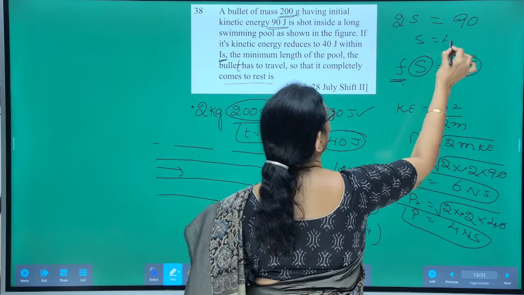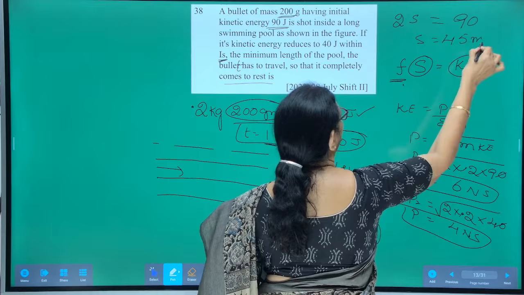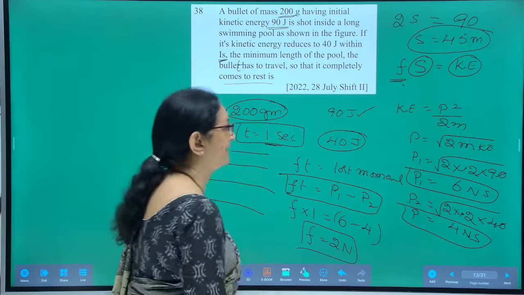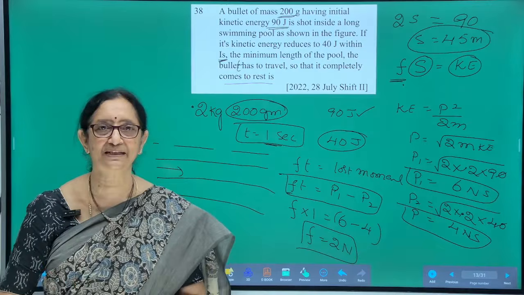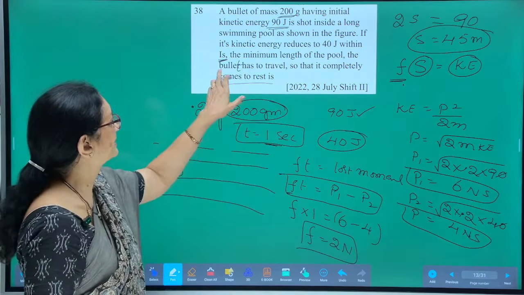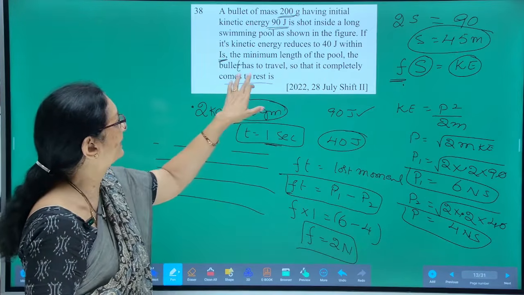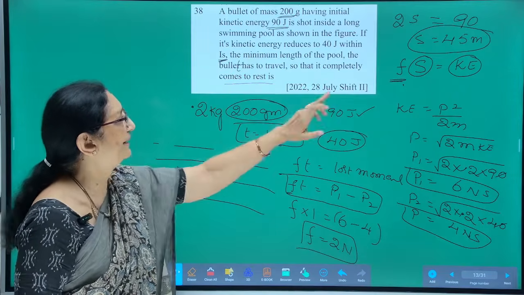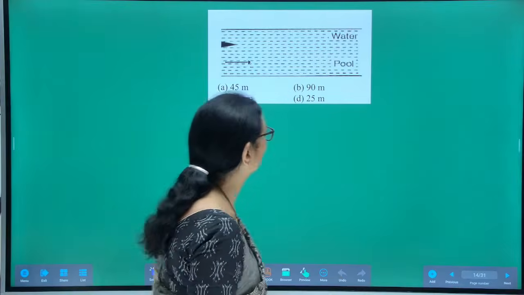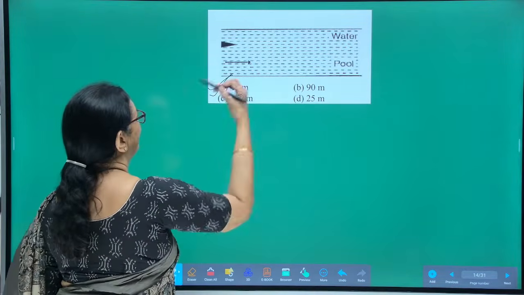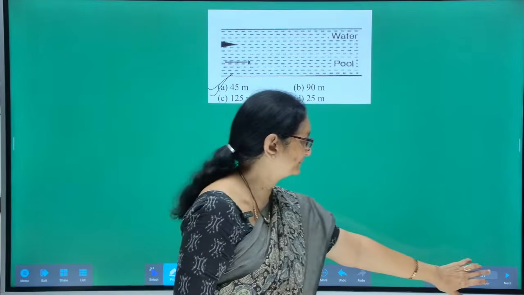From this, S is equal to 45 meters. So, the distance travelled by the bullet in water before it stops is 45 meters, so it completely comes to rest. The minimum length required is 45 meters. Look at the options. See, this is the correct option for that problem.